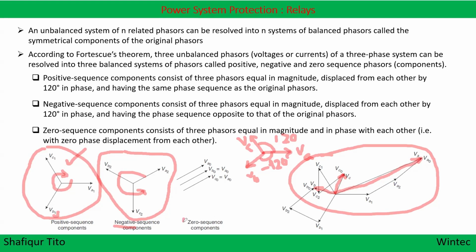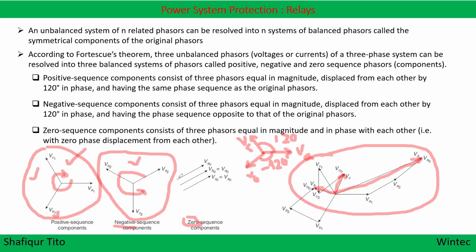The term zero indicates you can see these three phasors have the same value. That is a good thing. All these three phasors in the positive, negative, and zero sequence all have the same magnitude. But here, these three quantities have no phase angle.